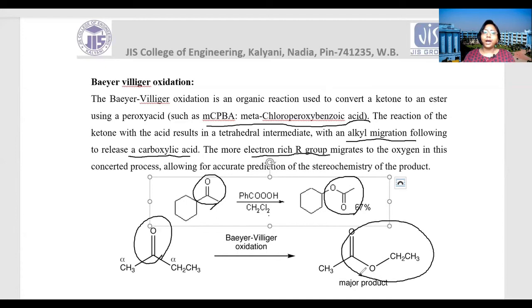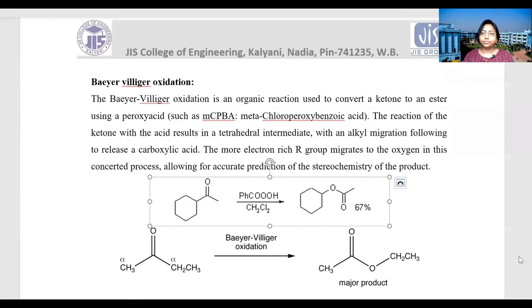So you have understood the Baeyer-Villiger oxidation: the conversion of a ketone to an ester using MCPBA. So here we are getting the product.